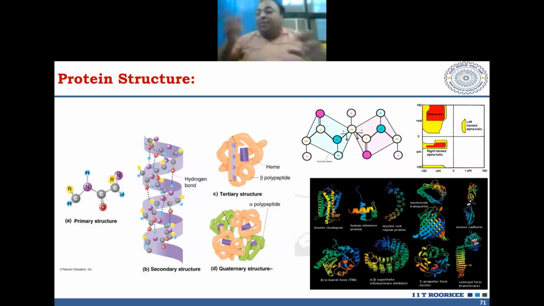But that's not surprising. Surprising is that by looking at those changes with crude instruments, Ramachandran and his group came up with a plot which is obeyed by any natural protein produced by Mother Nature.